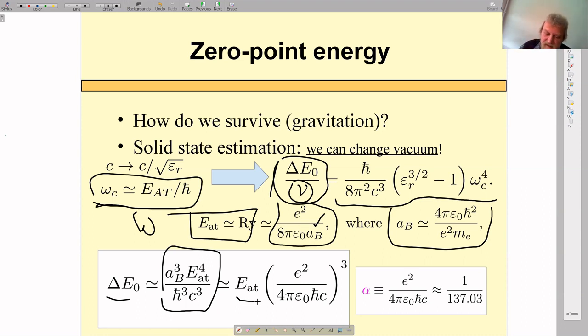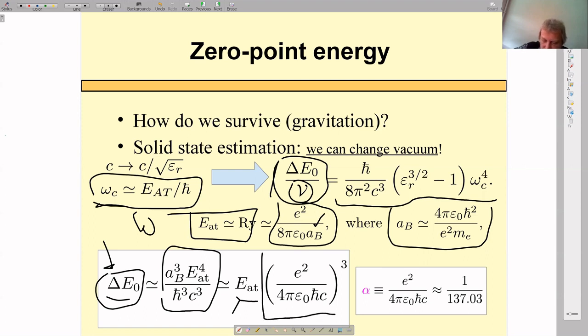That gives me the energy of an atom, and that gives me the energy corresponding to zero-point energy at the same scale, at the same volume. All right, so I did this estimation.